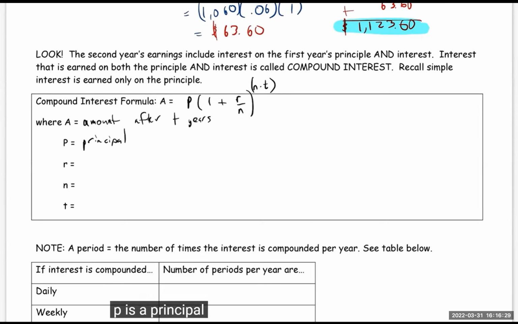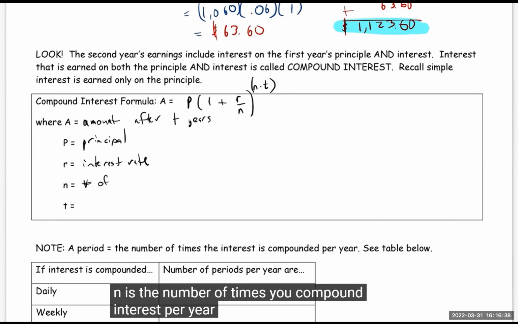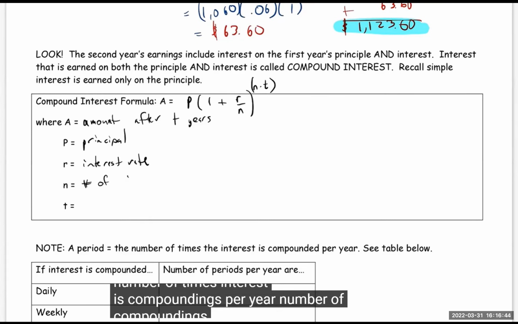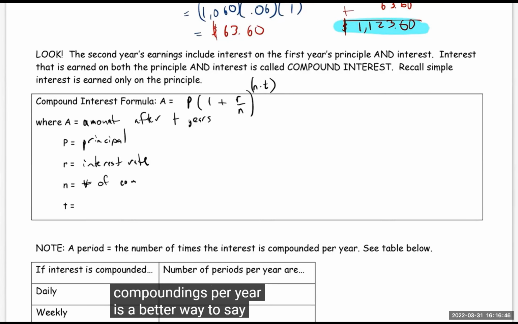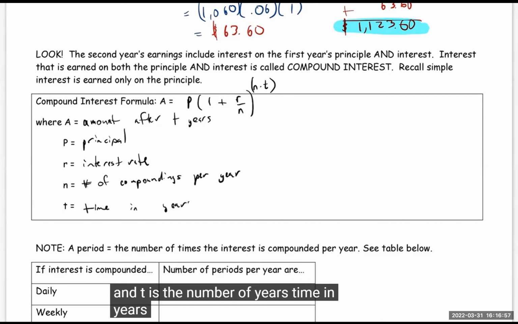P is the principal. R is the interest rate. N is the number of times you compound interest per year. Number of compoundings per year is a better way to say it. And T is the number of years. Time in years.